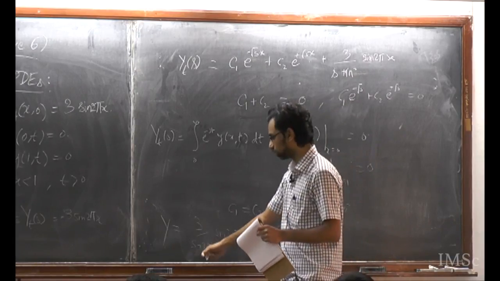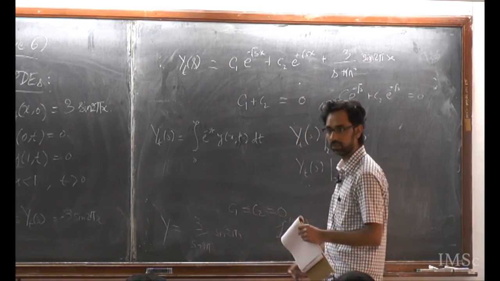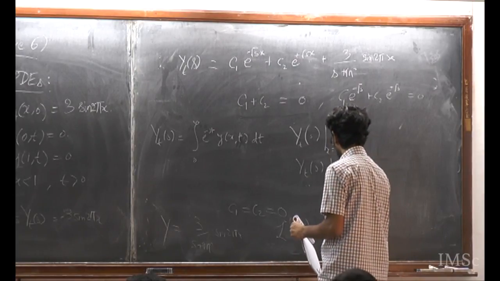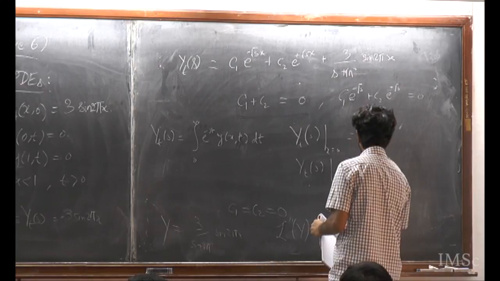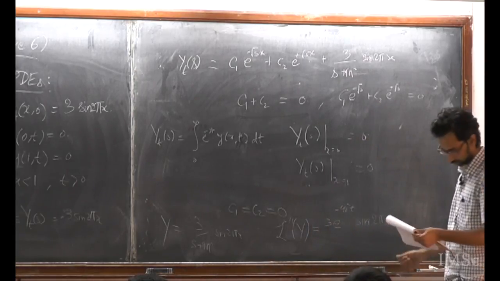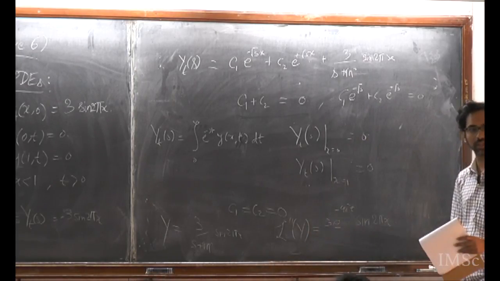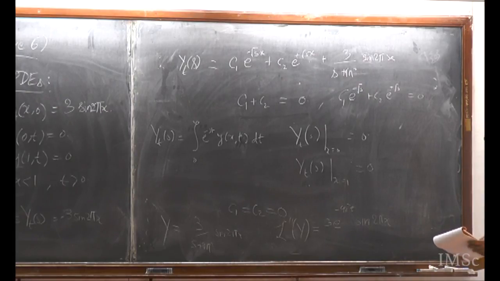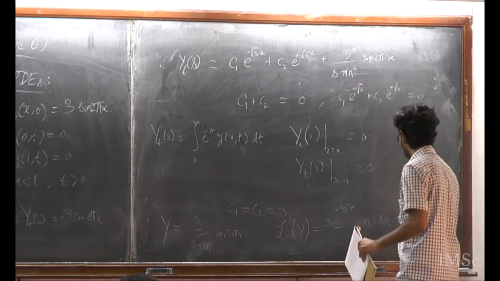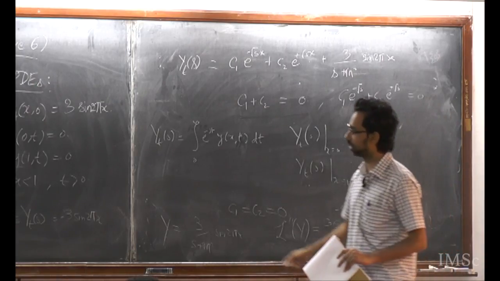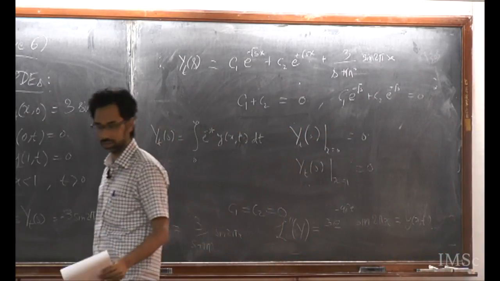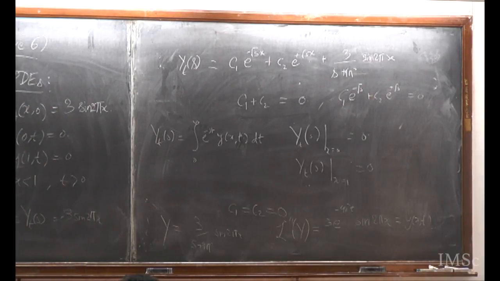It's just 1 over s translated by 4 pi square, times t, sine 2 pi x. Okay, it's clear? So this is your solution. You can cross check by putting it in and checking that this is in fact a solution.